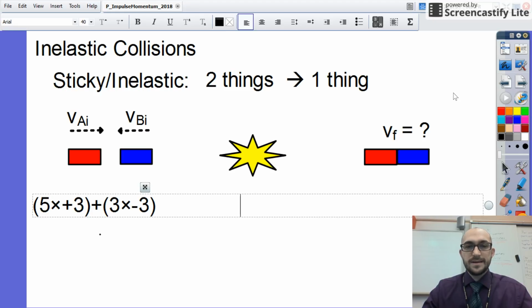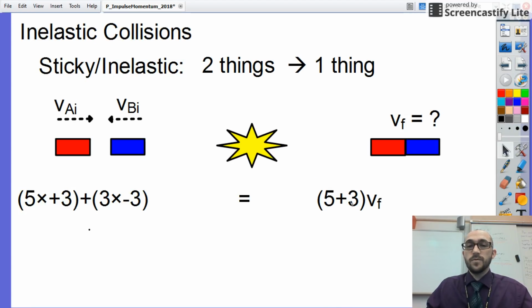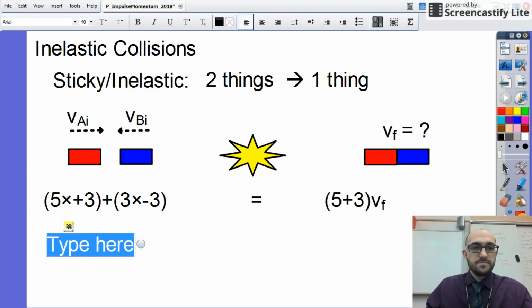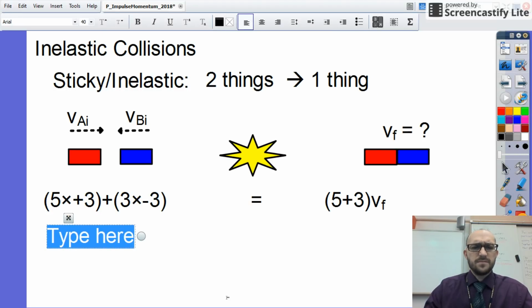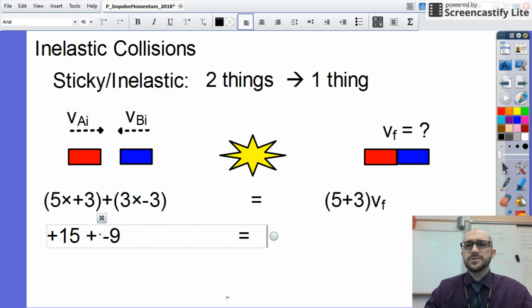That is going to be equal to 5 plus 3, the 2 masses, times the final velocity. So now I can do some math and say, all right, well, 5 times positive 3, that's going to be positive 15, plus 3 times negative 3 is negative 9, equals 8 VF.